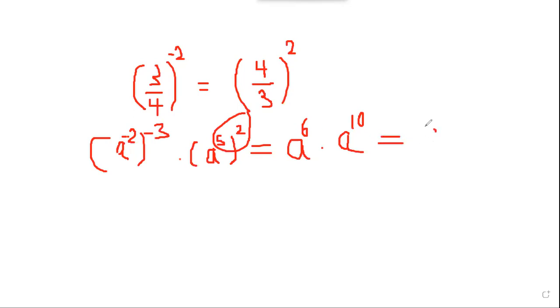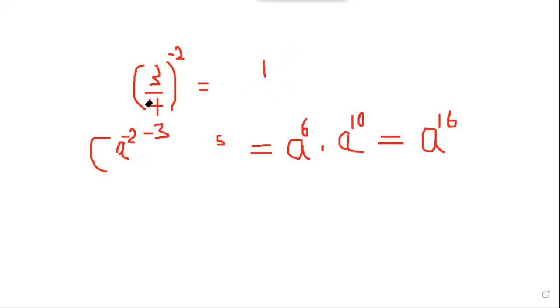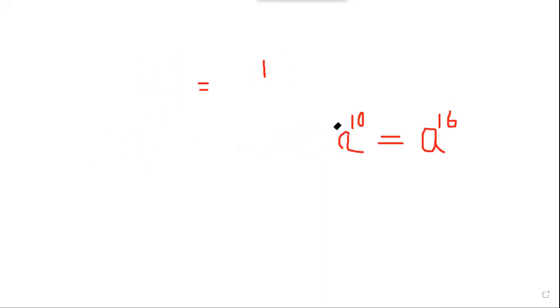Then we have a to the power of 6 times a to the power of 10. We will add the exponents, so it will be a to the power of 16. Right? Yes.